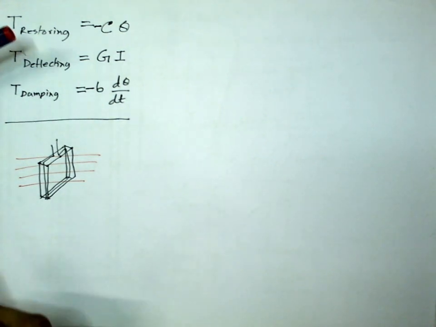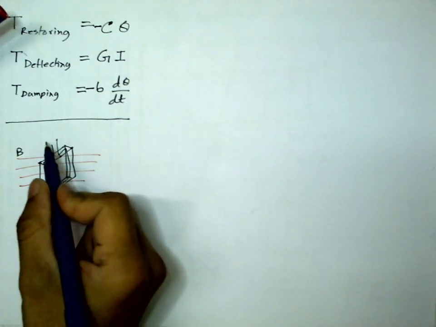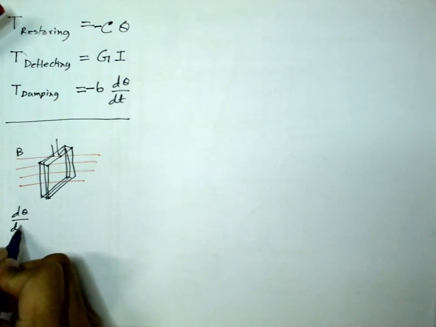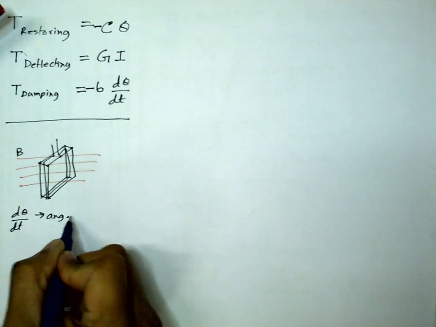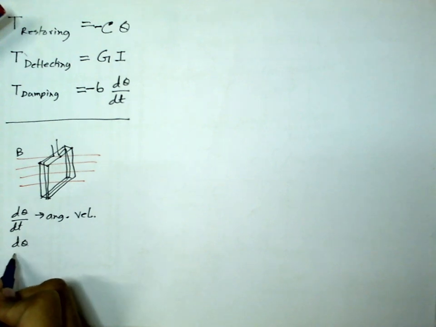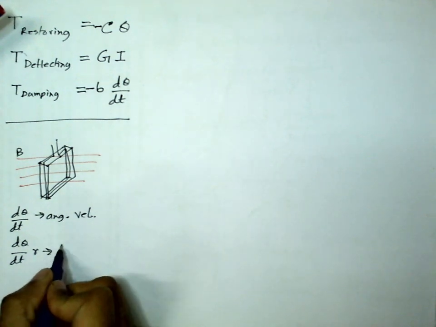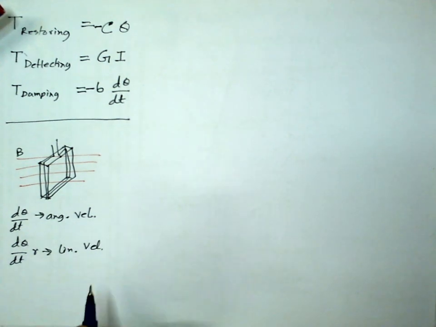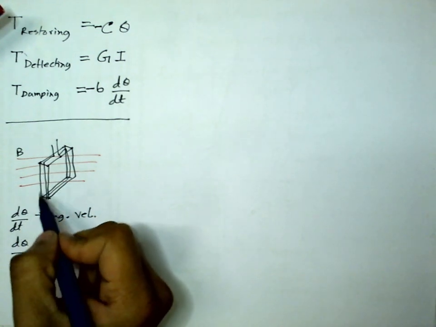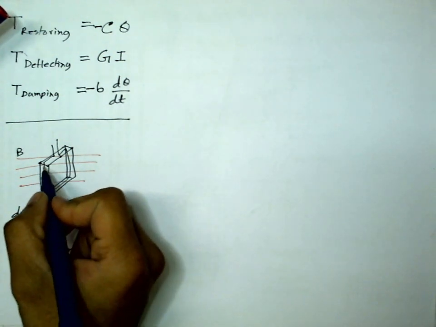If the flux density is B, and this coil is rotating with an angular velocity dθ/dt, then dθ/dt multiplied by r, where r is the radius, is the linear velocity. This is the linear velocity of this side. So the induced EMF here will be BLV.